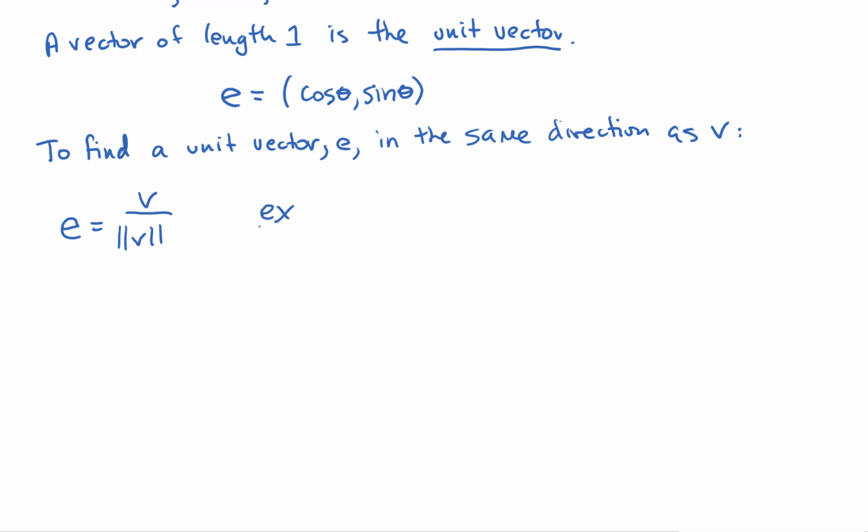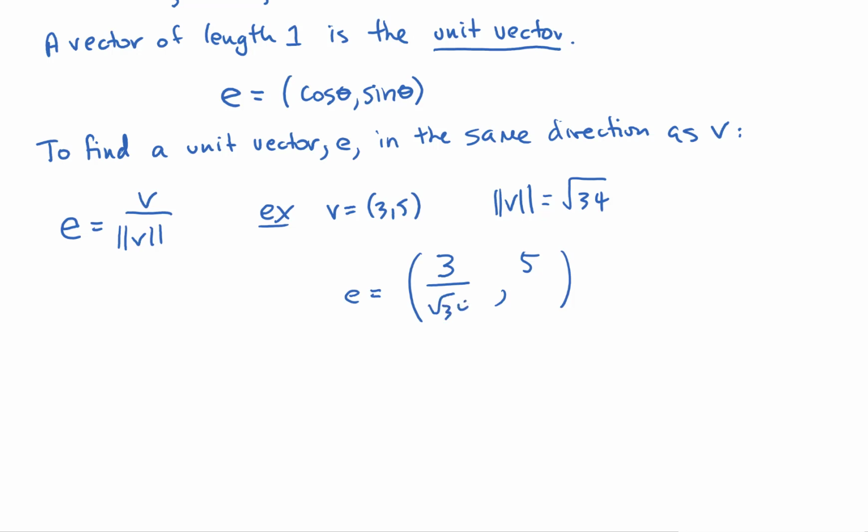For instance, if you have a V vector of 3, 5, then the length of 3, 5 is the square root of 3 squared plus 5 squared, which is the square root of 34. And so this E vector will be your 3, 5 vector. So let's write it as a vector. The 3 and the 5, but the 3 is going to get divided by root 34, and the 5 is going to get divided by root 34.